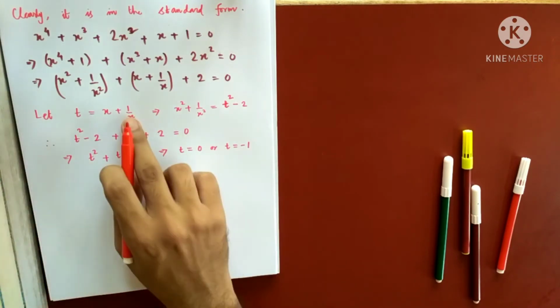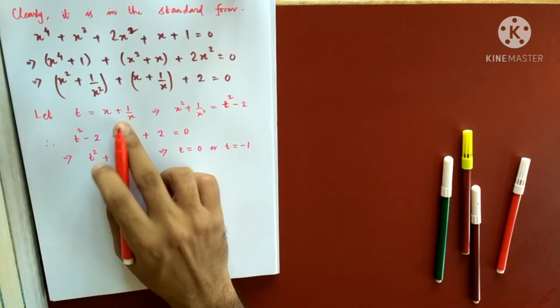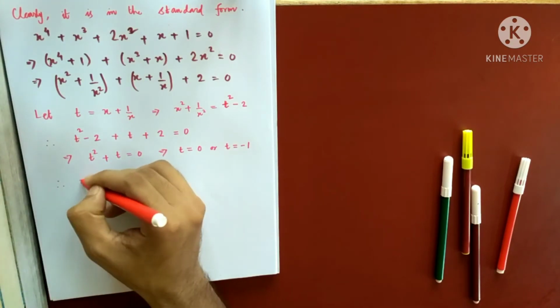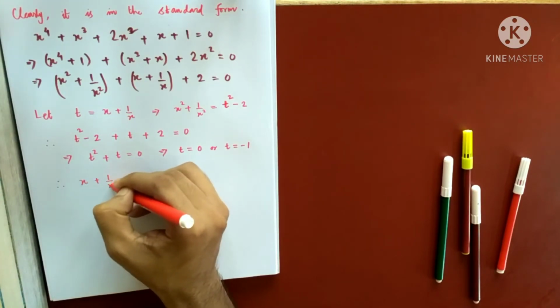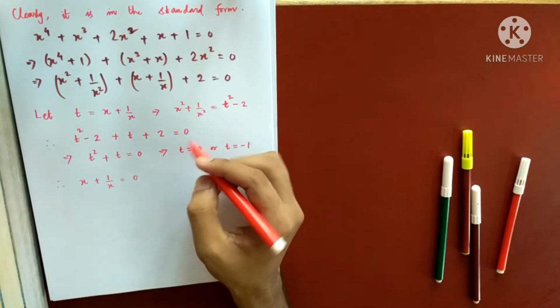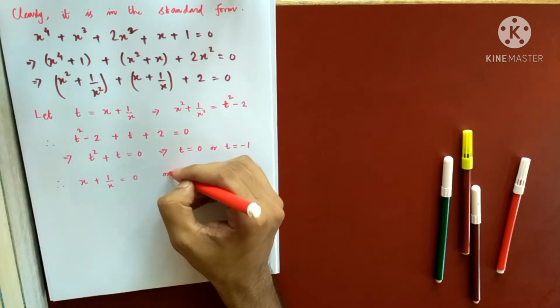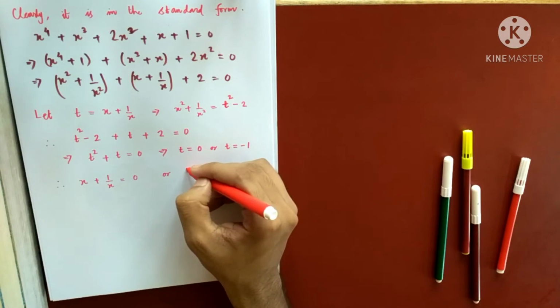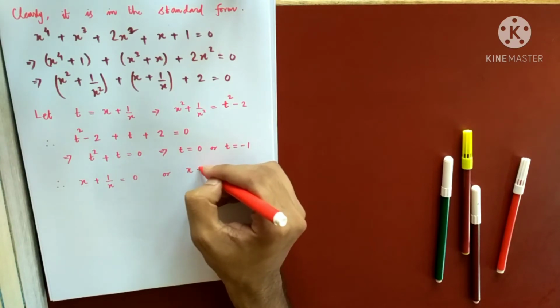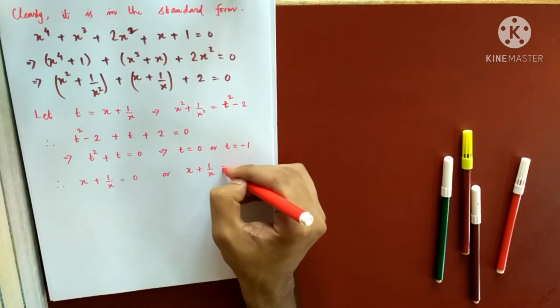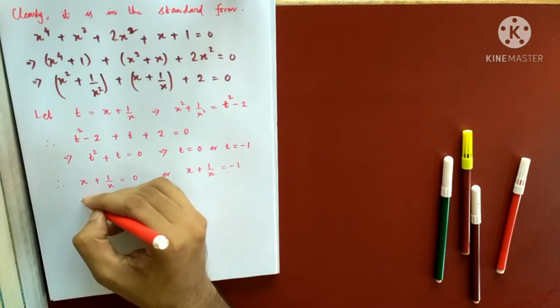With this value of t we have to solve for x. Therefore x plus 1 by x is either 0 or x plus 1 by x equals minus 1. What will the first give us?